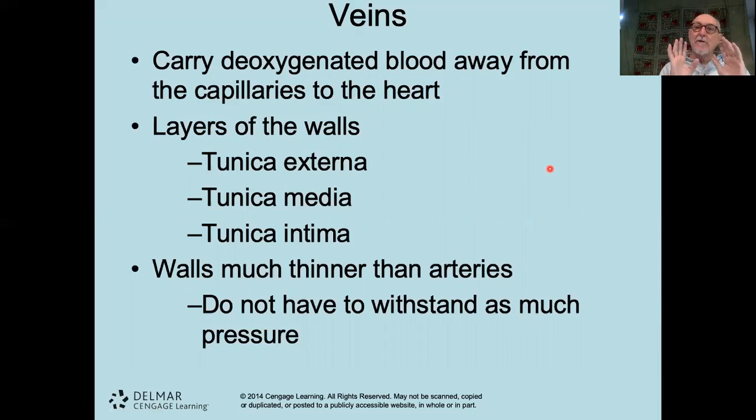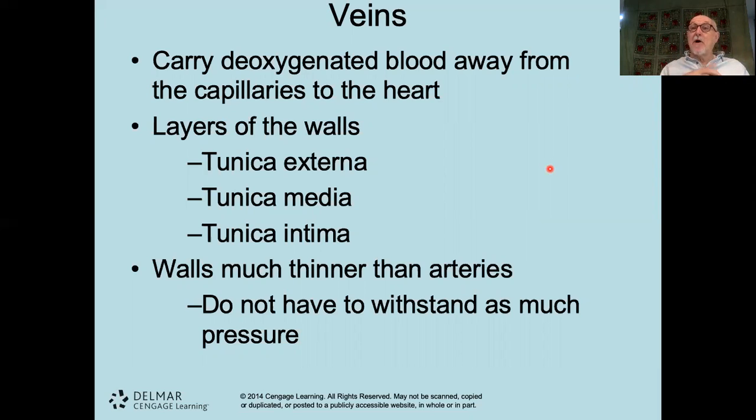Blood moving through the veins is not being driven by the heart or by the pressure from the heartbeat. The veins are gathering blood from the capillary beds, and they are returning it to the heart, excepting in one instance, of course, and that is in the cardiopulmonary circulation, which we saw.